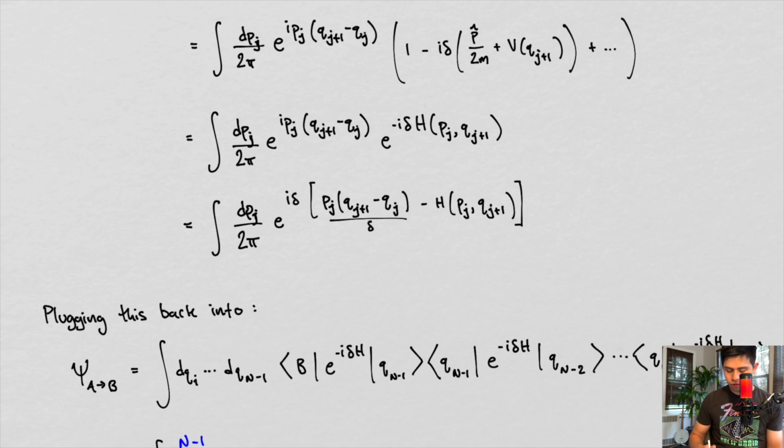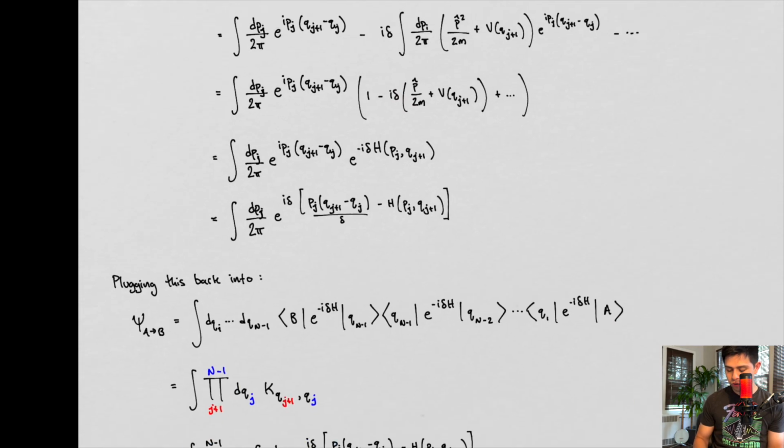Now, we have this and we have this. If we notice here, this is an exponential. This is 1 plus some terms, so we can compact this into an exponential. This is, again, a Taylor approximation of this, and it's not too difficult to see that.